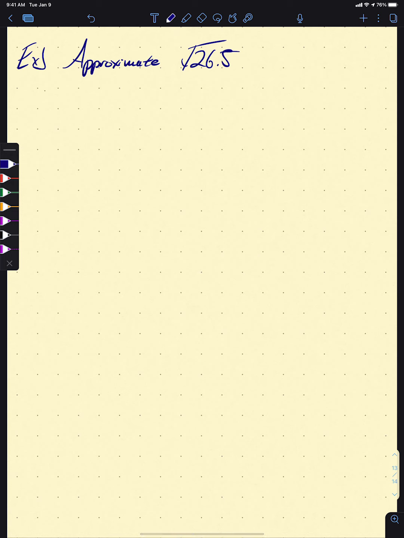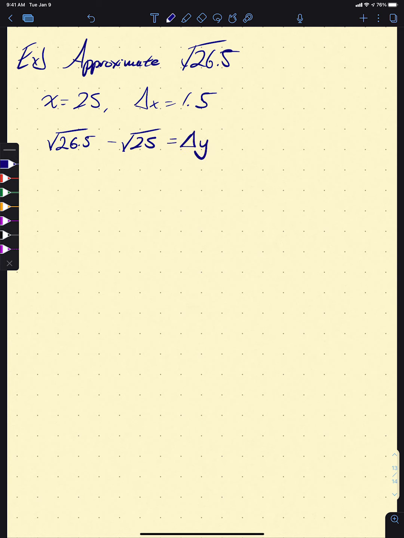We can set x equal to 25 and delta x equal to 1.5. That means that the square root of 26.5 minus the square root of 25, which we know is 5, is equal to delta y, okay? So that means the square root of 26.5 is delta y plus 5.